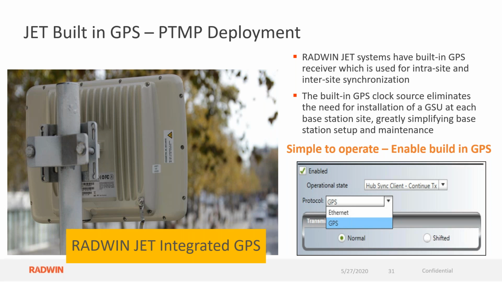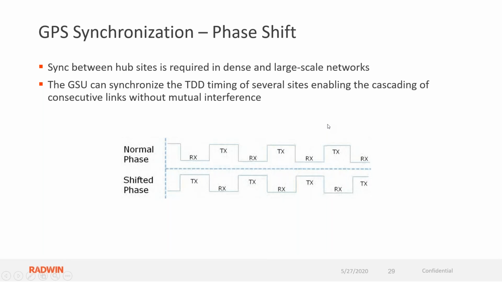If you look at the photo on the slide, you just need to enable the GPS. And on the right side, you can see the shifter, where you need to shift the phase according to the requirement of the deployment that you are doing.